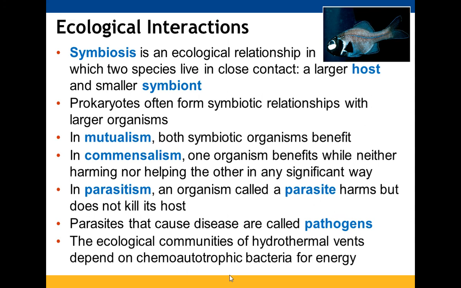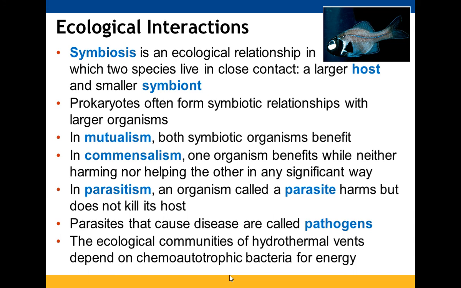You can have species interact with species that live close to one another. That type of relationship, when they live in close contact with one another, is called symbiosis. Sometimes those symbiotic relationships are positive, where they're mutualism, both species get something from it. Sometimes they're commensalism, where one species gets benefits, the other one isn't harmed or benefited by that relationship.